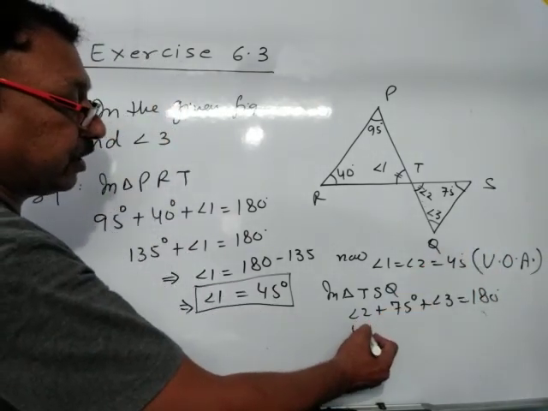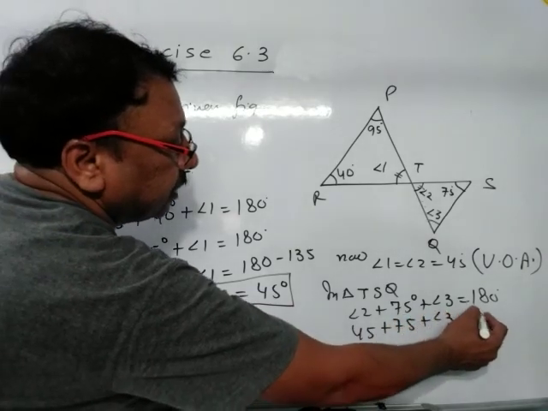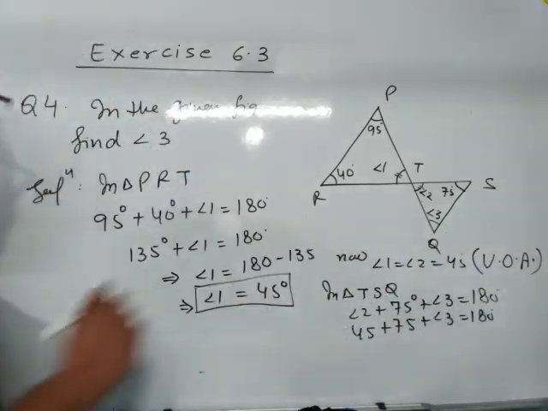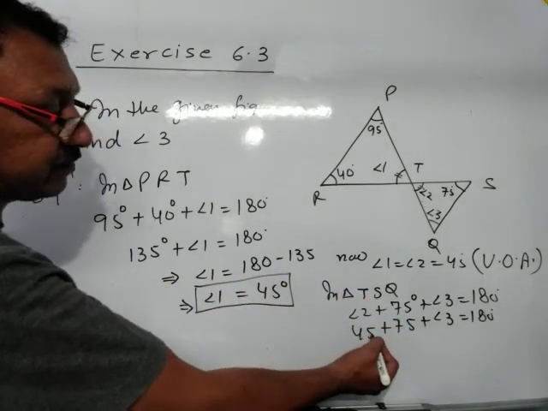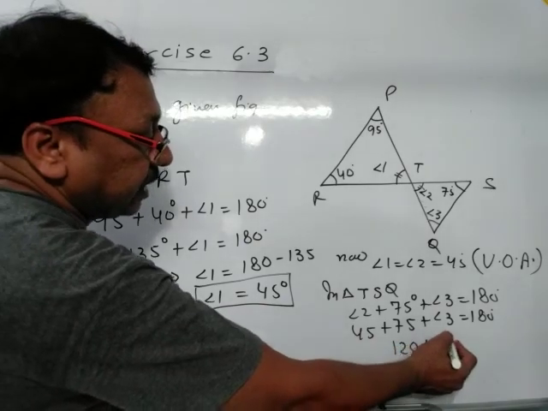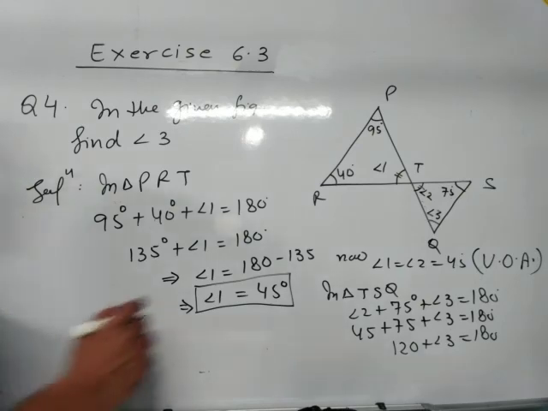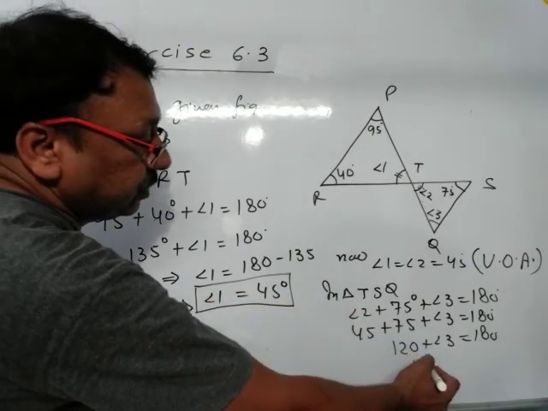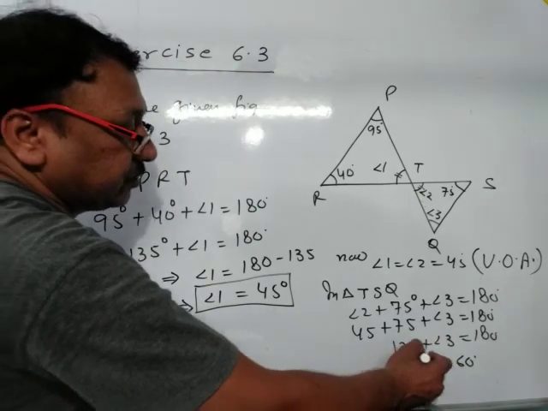Angle 2 is 45, this is 75, and angle 3. 75 plus 45 is 120, plus angle 3 is equal to 180. It means angle 3 is equal to 60 degrees. It is a very easy question.